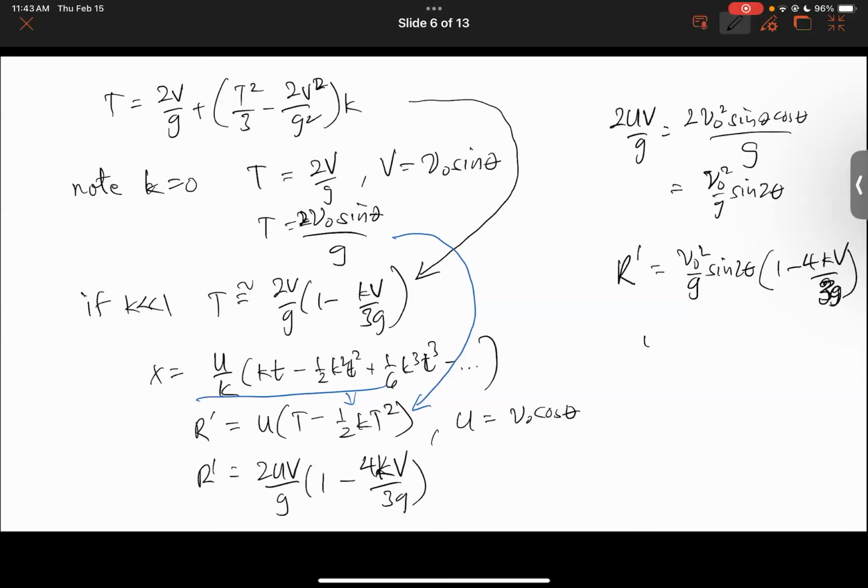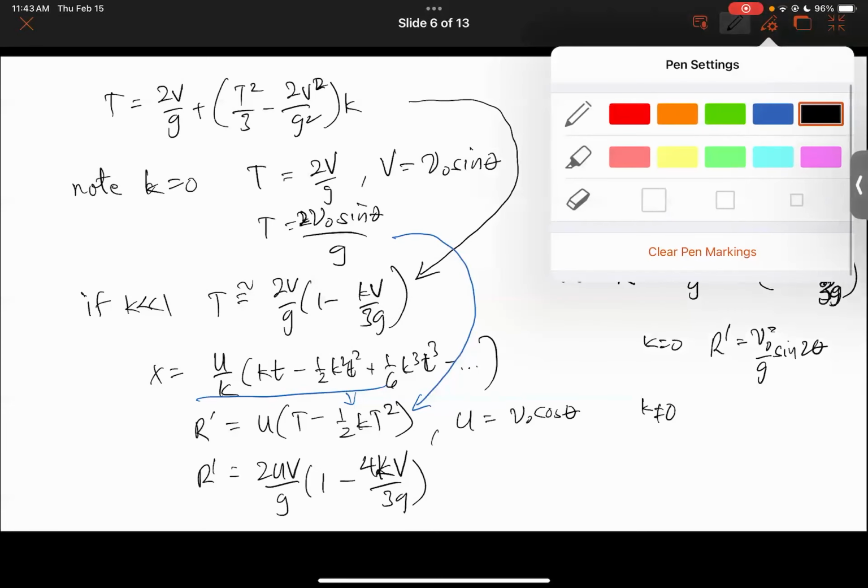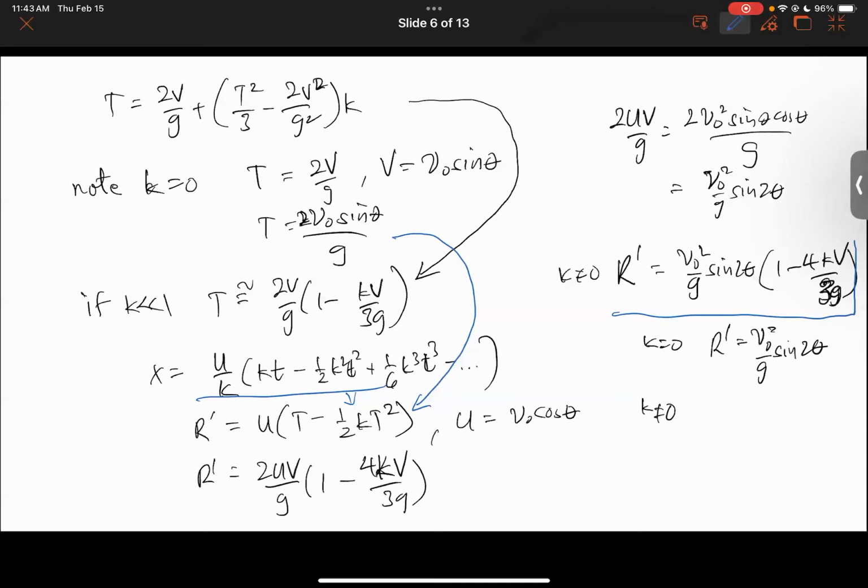Immediately we see that if k is equal to 0, then r prime just reduces to the familiar equation of v naught squared over g times sine 2 theta. But if k is not equal to 0, then we have this expression for r, and we see that r is linear in k.